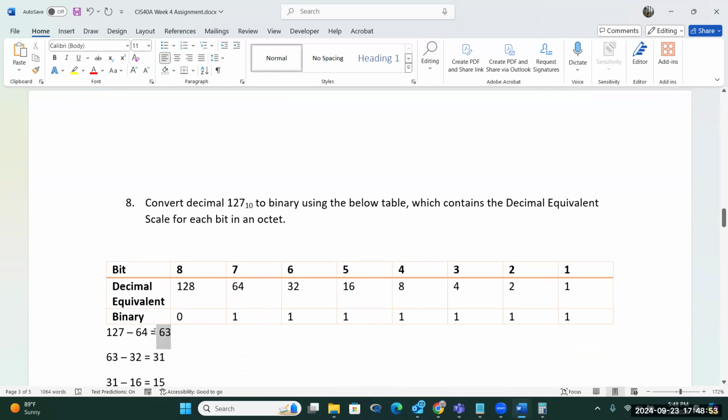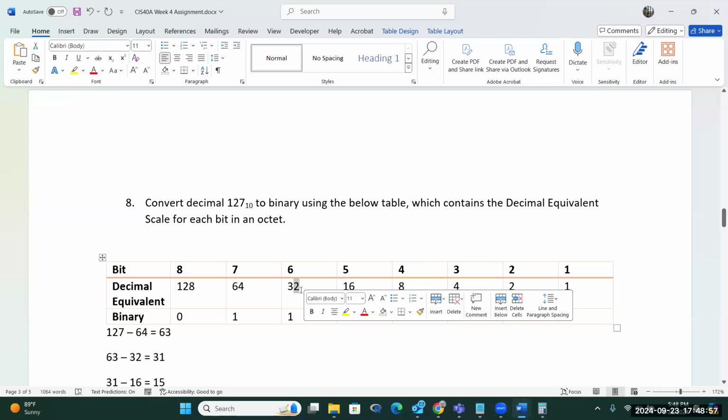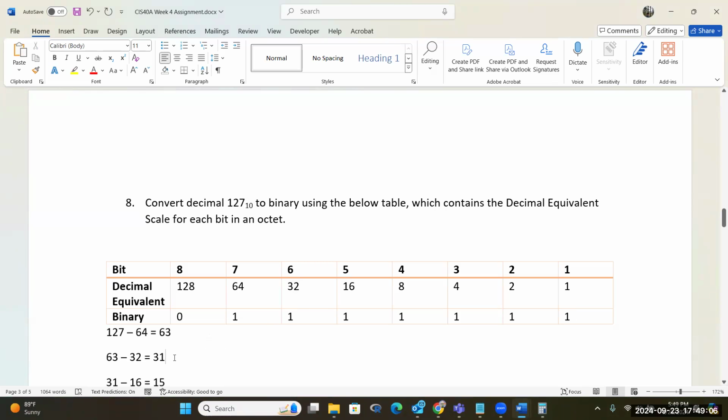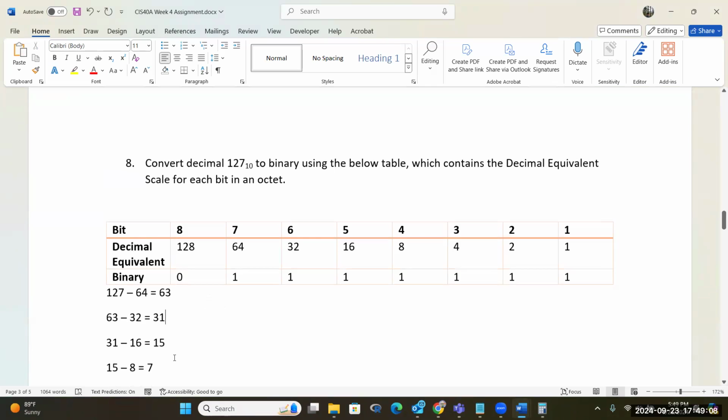Then the remainder is 63. I go to the next number on the scale, which is 32. 63 minus 32, I put a 1 there. And I'm left with 31. Go to the next number, which is 16. So can I subtract 16 from 31? Sure. So 31 minus 16, I'm left with 15.